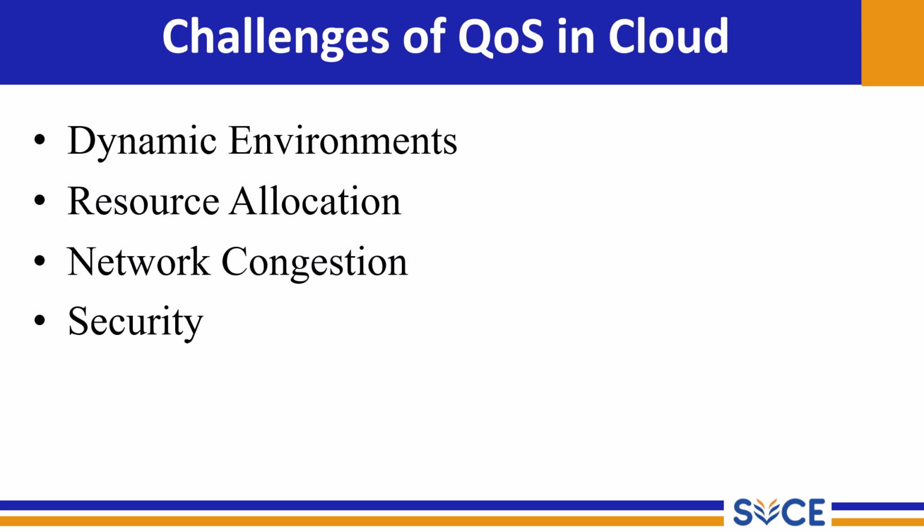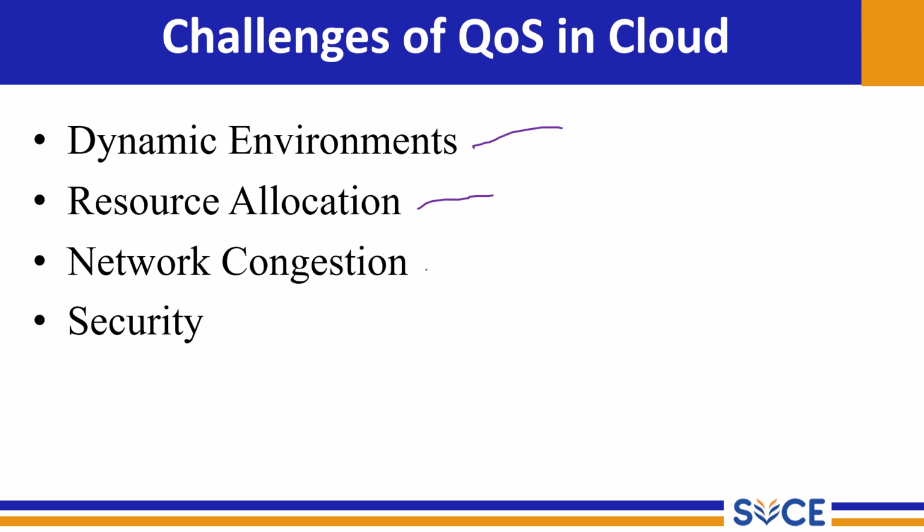Okay, so the first one is the dynamic environment. Here the cloud environments are dynamic, right? With resources and users constantly changing, which can make it challenging to maintain consistent QoS. And resource allocation: determining the optimal resource allocation for different applications and users can be complex, requiring careful consideration of the specific needs and priorities.